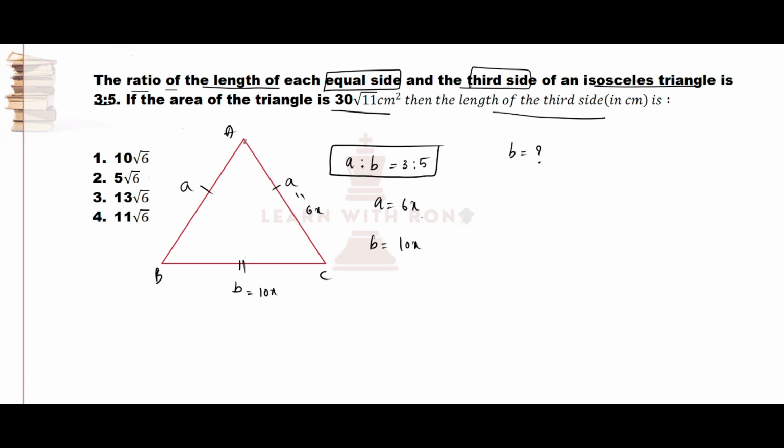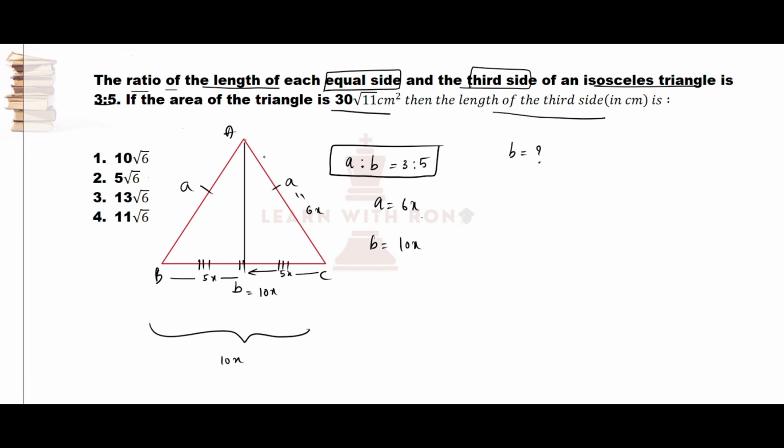See, if I draw a cevian here, a cevian is nothing but a line from a vertex to the opposite side. In an isosceles triangle, the cevian divides the opposite side into two equal parts, which means this total length is 10x, right? Then this length is 5x and this length is 5x.